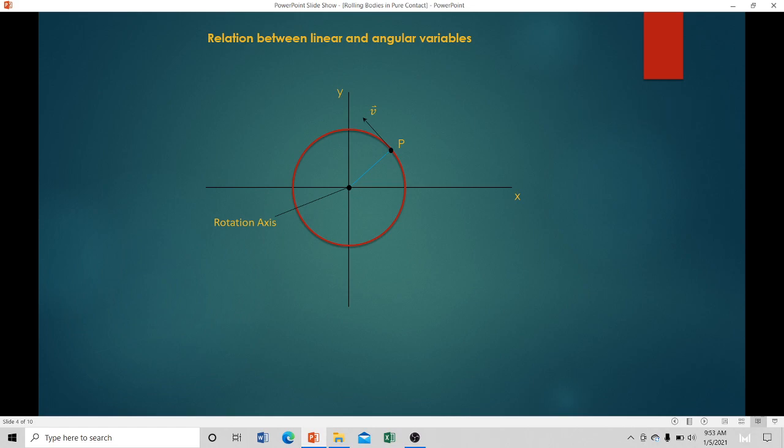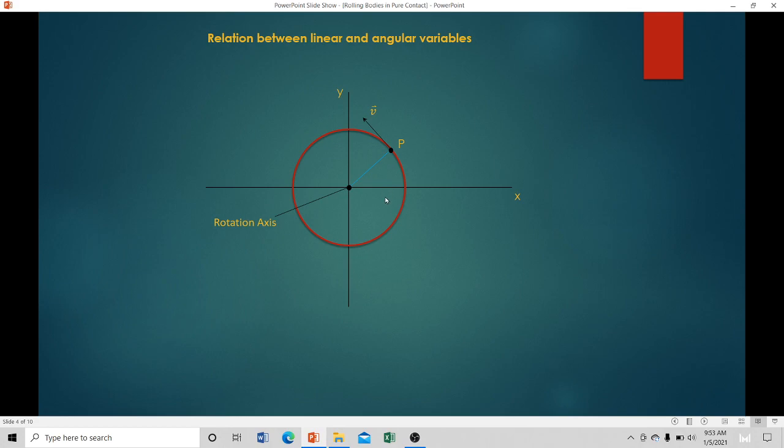Since all points within a rigid body have the same angular speed omega, points located at a greater distance with respect to the rotational axis have greater linear or tangential speed.